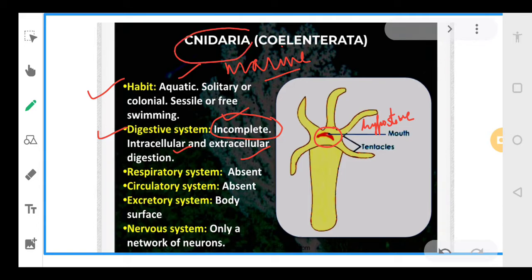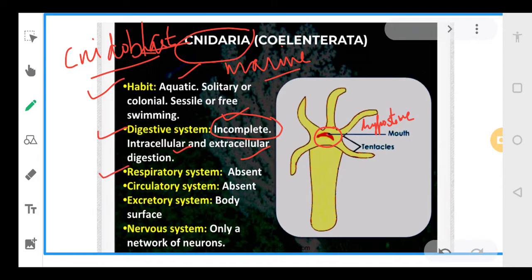They contain a special type of cell which is only present in these organisms, called cnidoblast cells, and that is why they have been named Cnidarians. These are stinging cells that can paralyze the prey species that move around them.